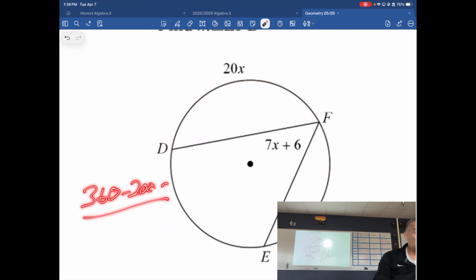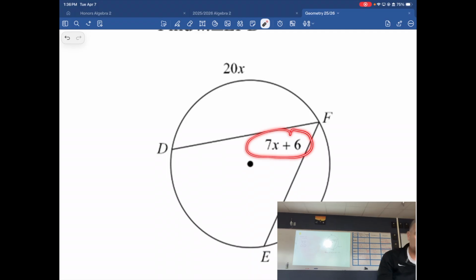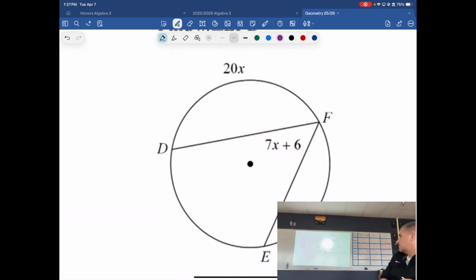What do all of the arcs have to add up to? 360. So if I take 20x plus 15x plus 5, all of those together have to add up to 360 degrees. That has to happen.